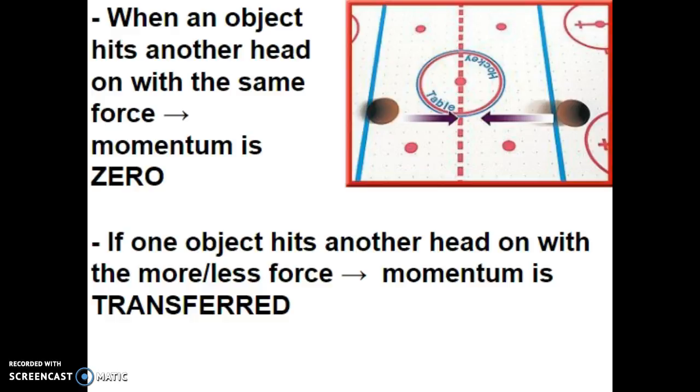If one object, however, hits another head-on with more or less force, then that momentum will be transferred in the direction of whichever force is greater. So if one object hits another head-on to the right with more force to the right, then that puck will travel to the right. If it hits it with more force to the left, that momentum will transfer and motion will occur to the left.